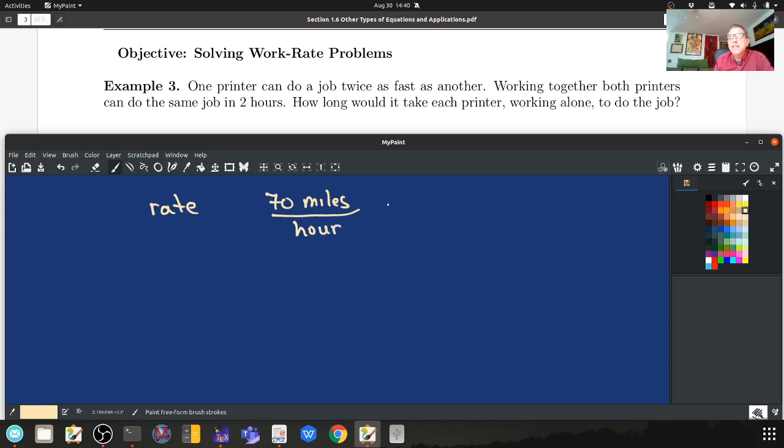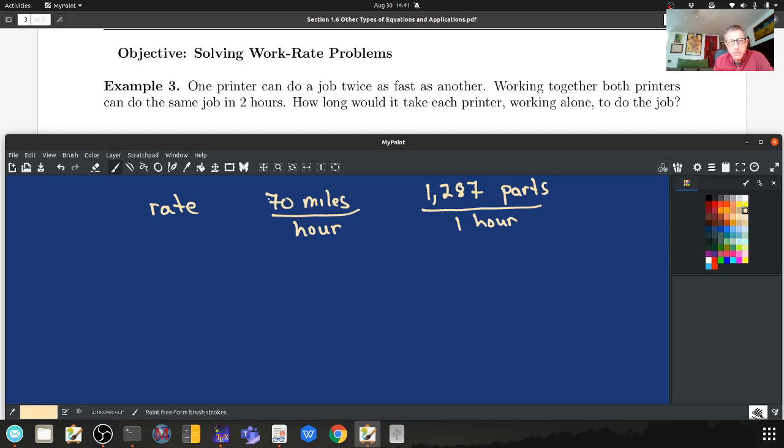Suppose you were looking at a sorting machine that could sort 1,287 parts per 1 hour. That's a rate.